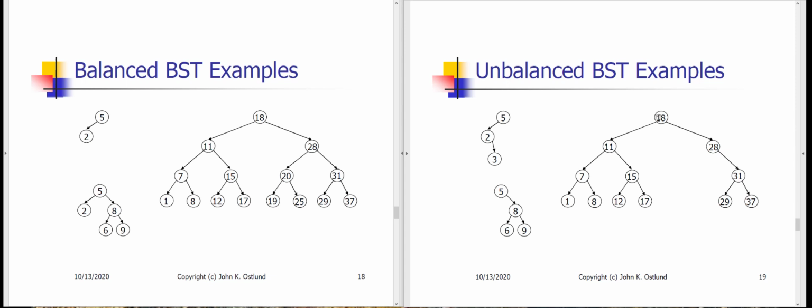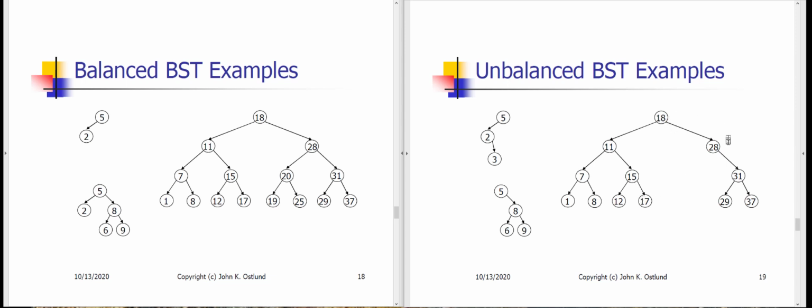The balancing rule is also satisfied throughout the entire left-hand tree. So the subtree starting with 11 is balanced. The subtree starting with 7 is balanced. The subtree starting with 15 is balanced.